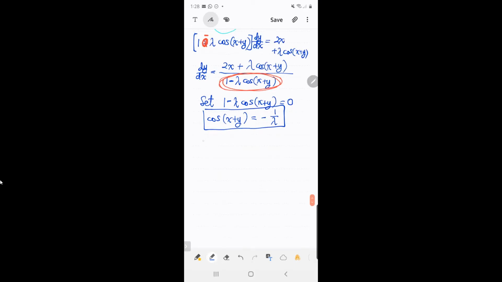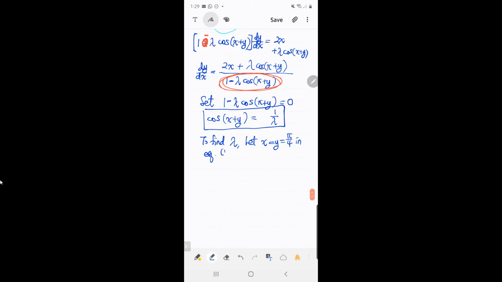So now to find lambda. Shouldn't it be 1 over lambda now? Yes, 1 over lambda, take away the negative. Okay, so to find lambda, let x equal y equal pi over 4 in equation star.